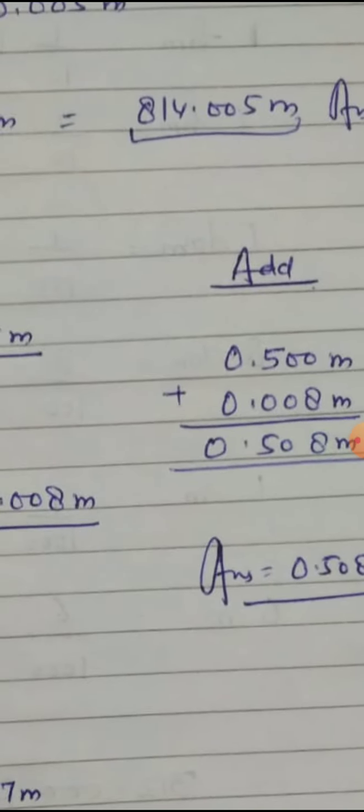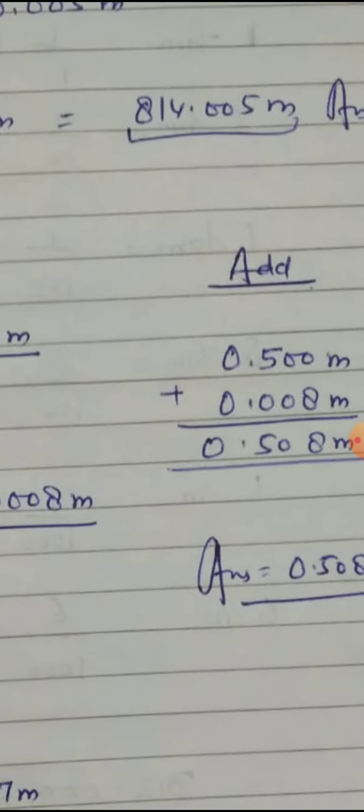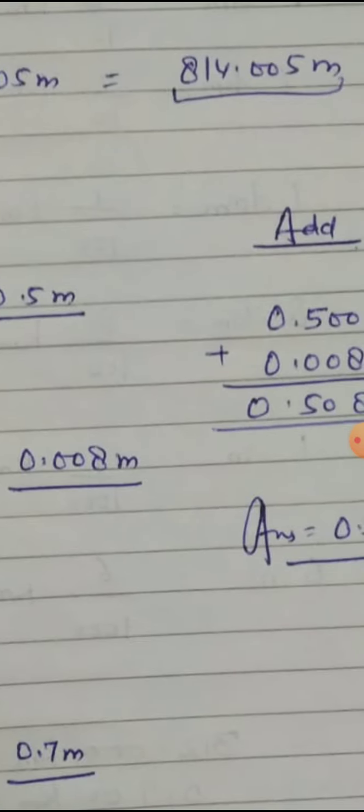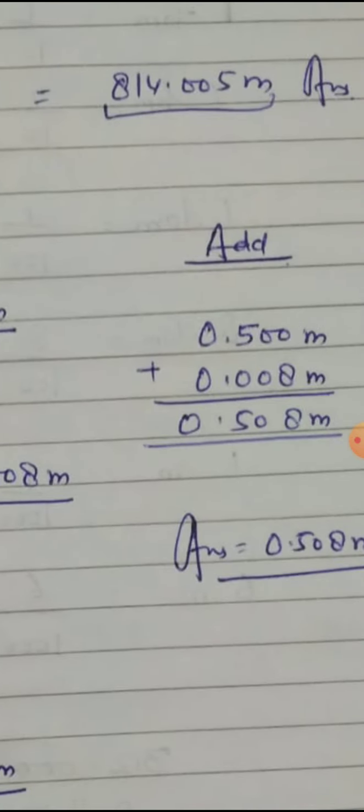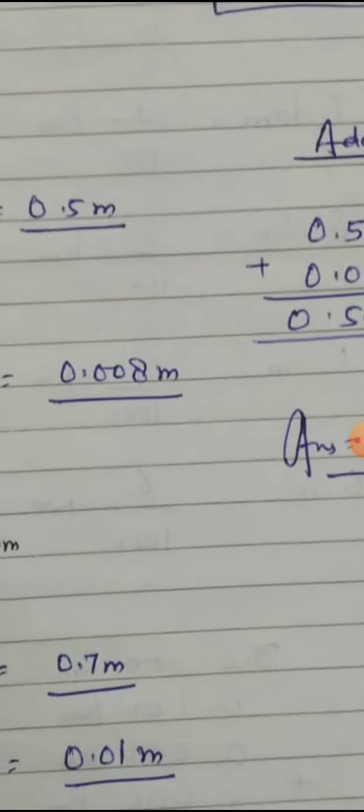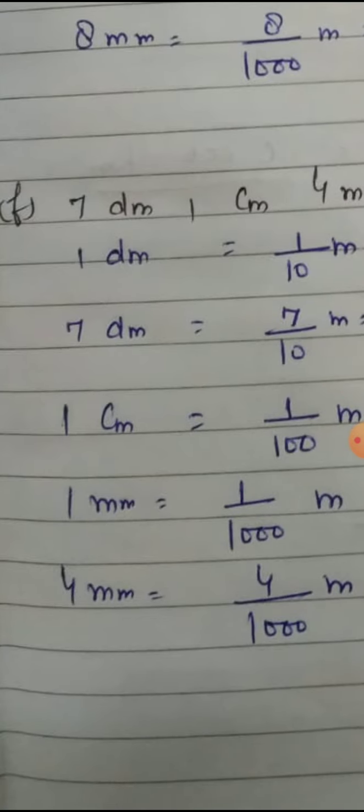Now add both the numbers. 0.500 meter, 0.500. You can put as many zeros as you want. 0.008 meter. Now add these numbers. 508, means 0.508 meter. Come to next.